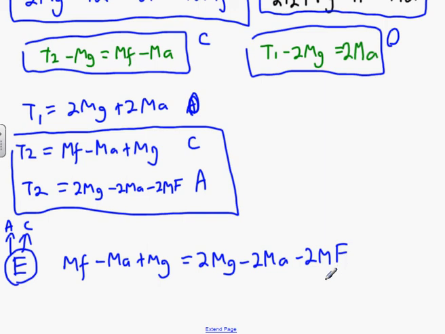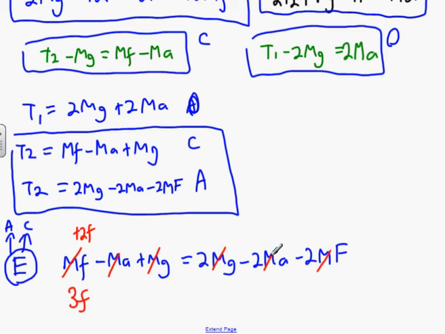Okay, what I'm going to do is move the a's and f's over to one side, and anything else can go to the other side. So that's minus 2f, which is going to turn into plus 2f. That'll get me 3f.